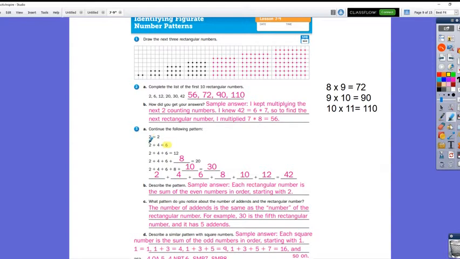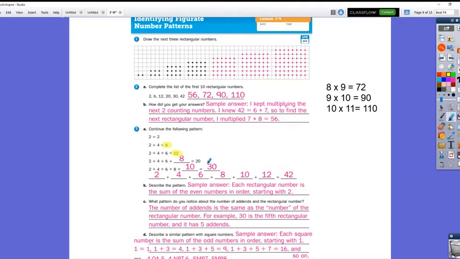The 2 add-ins are 2 and 4. And the third rectangular number is 12, and it has how many add-ins? 1, 2, 3. The add-ins are the things you add together. And then the fourth rectangular number is 20. How many add-ins does it have? I bet it has 4. 1, 2, 3, 4. It has 2 and 4 and 6 and 8.